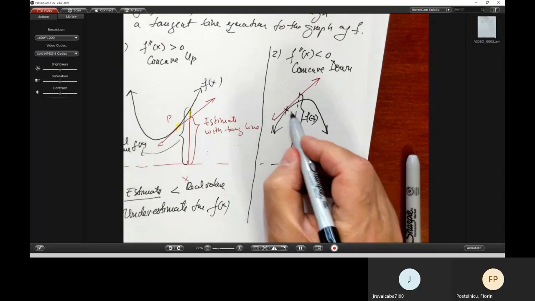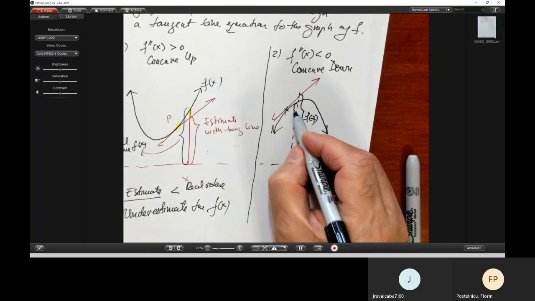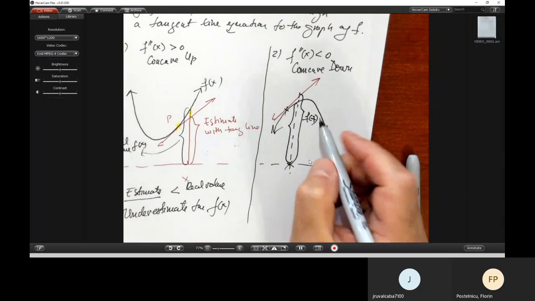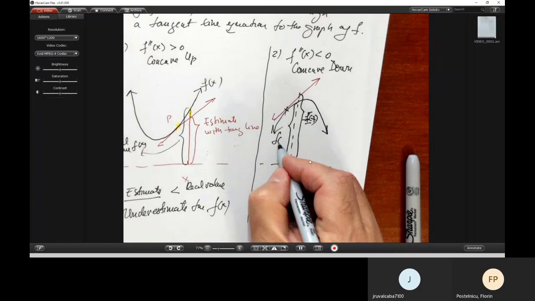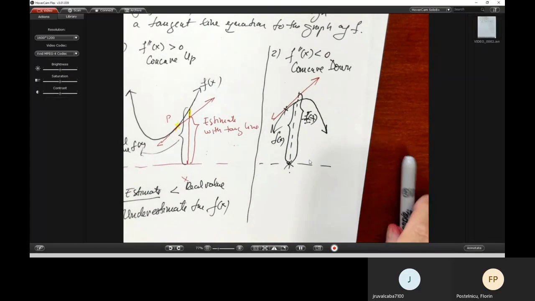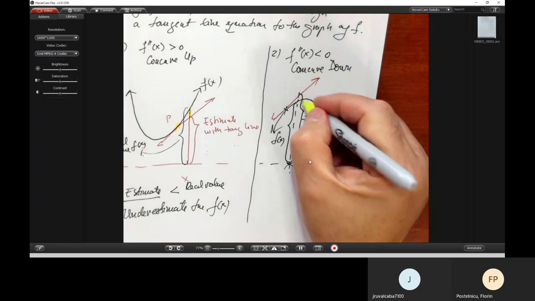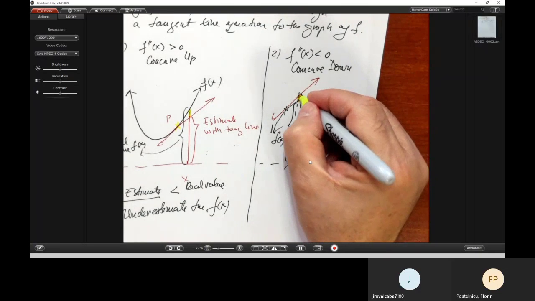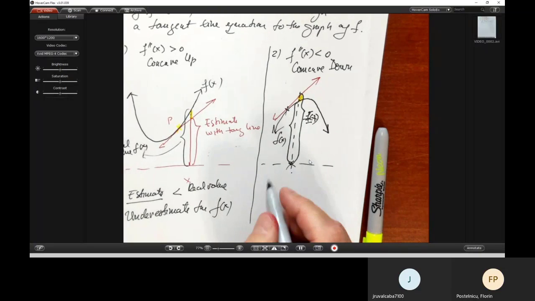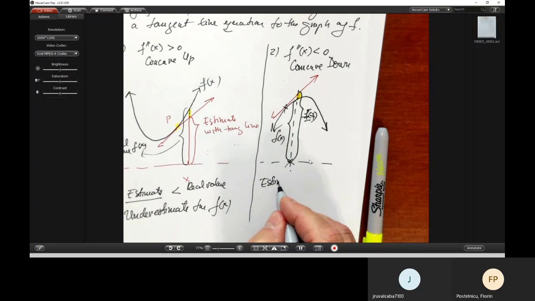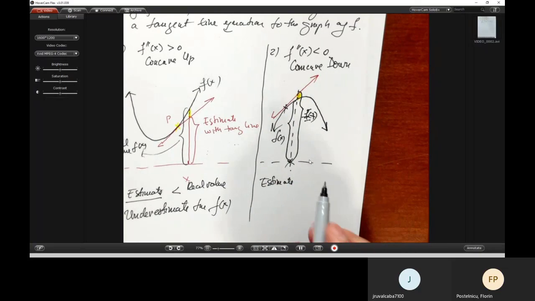Notice that the real value of the function in this situation is less than the estimate. So I will say that because of that, the tangent line overestimates f of x if I want to use it to approximate f of x.